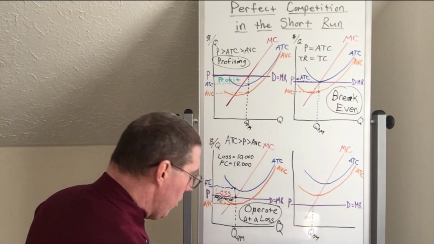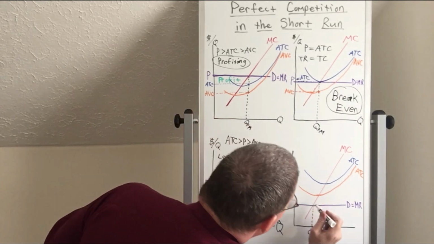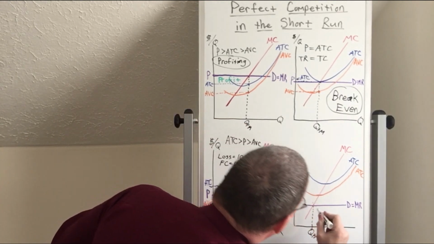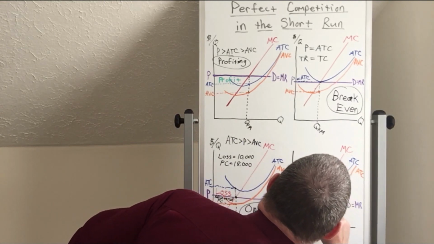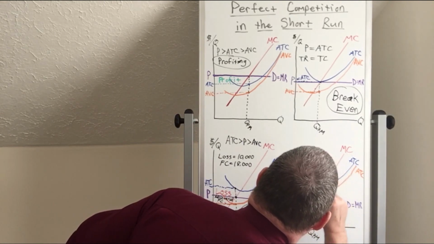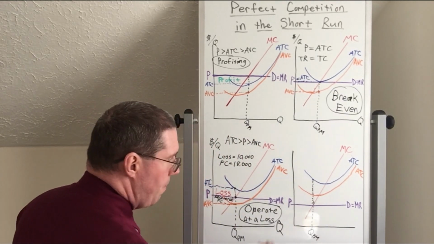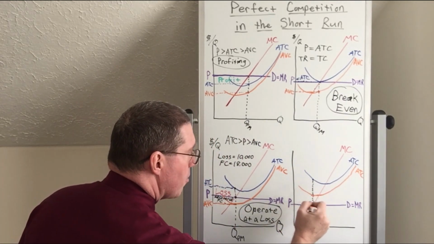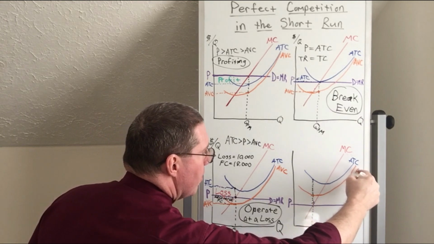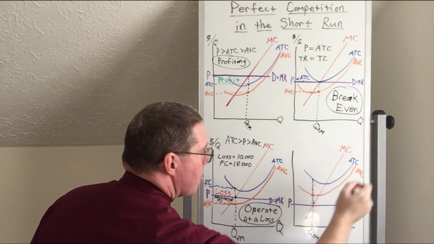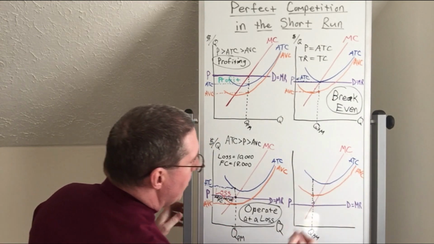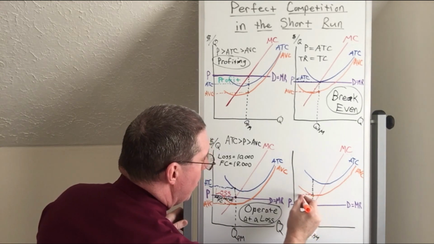But if we follow the profit maximizing quantity vertically here, let's see if I can make it as vertical as I can. There we go. You can see that here's average variable costs. Oh, I put a T there. That's supposed to be a V. Messed up all kinds of stuff on this. Average variable cost right there.